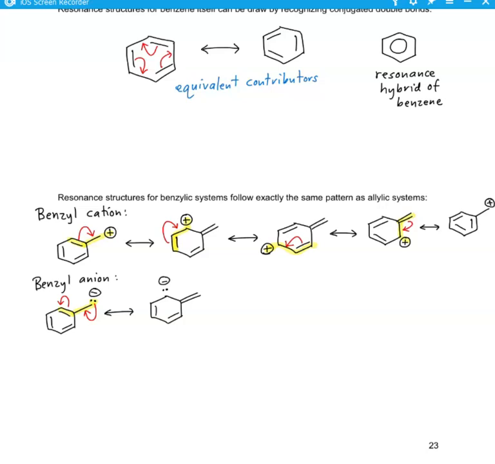Which is to say, start an arrow at the lone pair, move it into a bond, and then break a pair out of the double bond onto the far atom. Once we generate that structure, we end up with another allyl anion. So we just repeat the process.